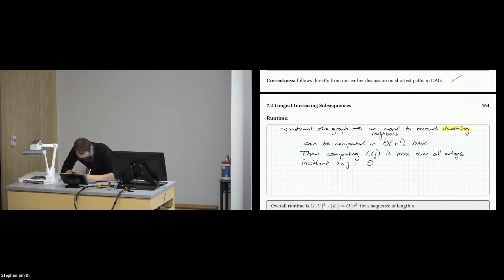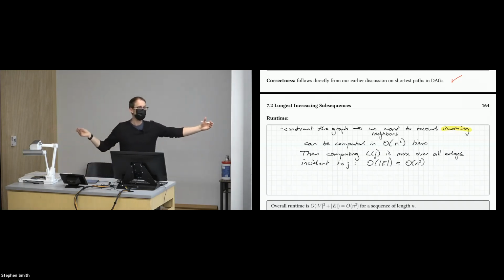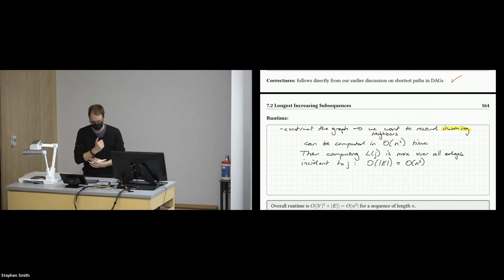So the runtime for that part, now that I have a graph, is big O of E. Relating it back to the input of the problem, which is the sequence of a, that's big O n squared. For sure, there's at most n squared edges. And so the runtime then is big O n squared.